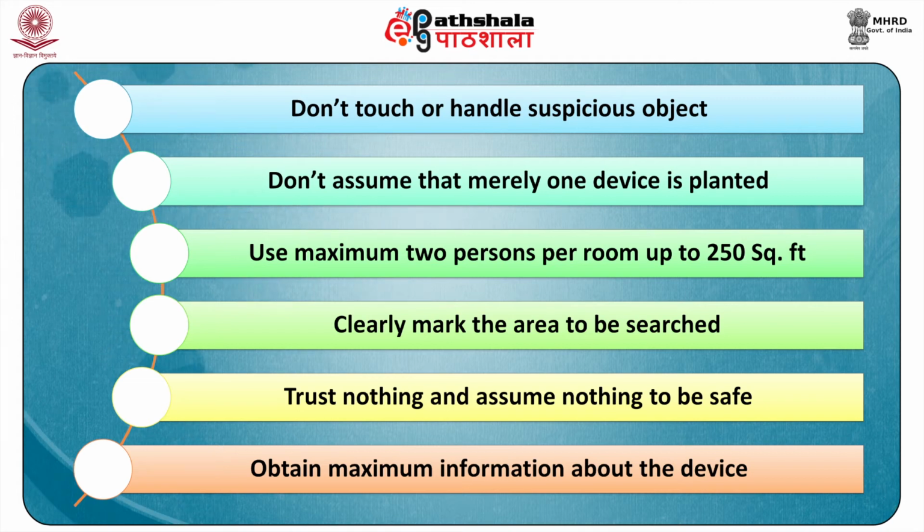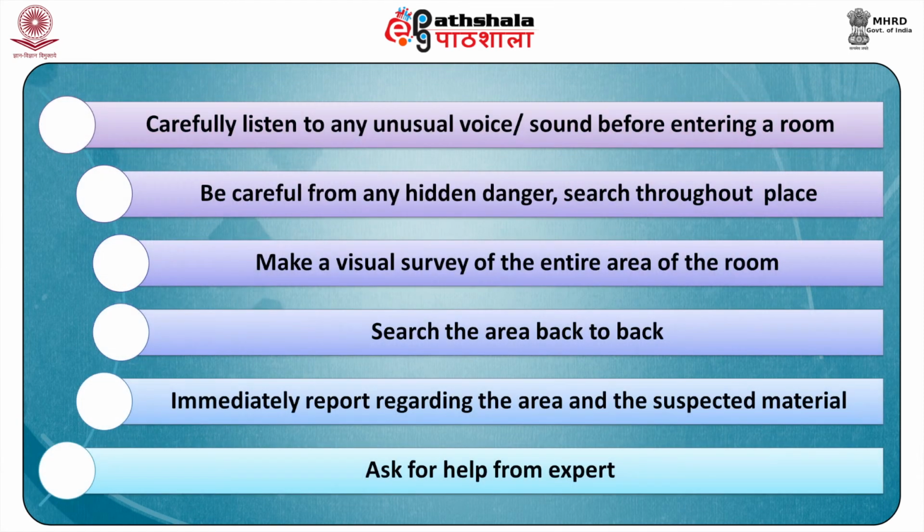Trust nothing and assume nothing to be safe. 6. Obtain maximum information about the device. 7. Carefully listen for any unusual voice or sound before entering a room. 8. Be careful of any hidden danger at the entrance itself, at other places, and throughout the search.